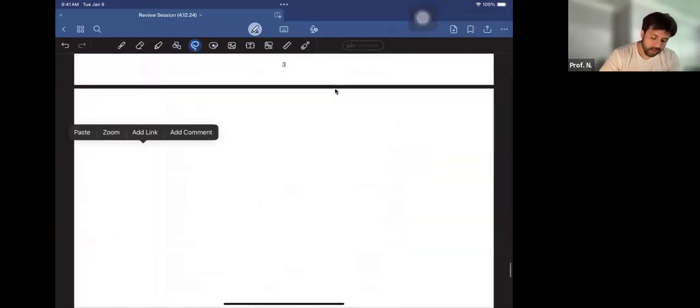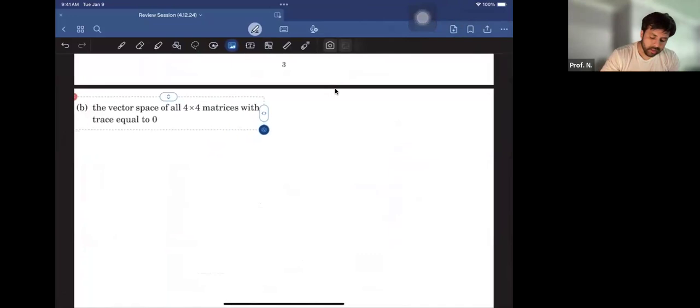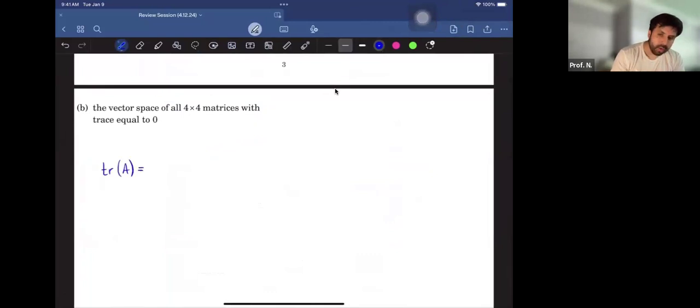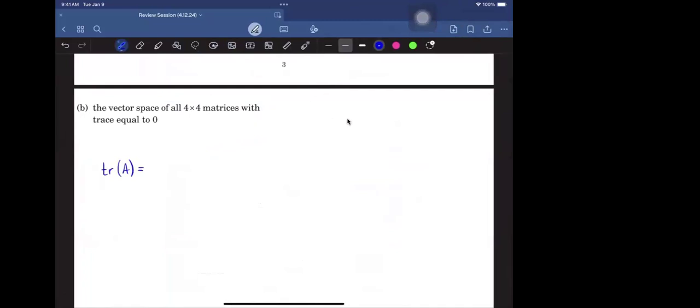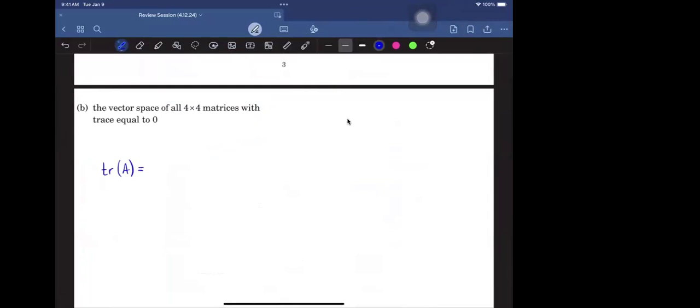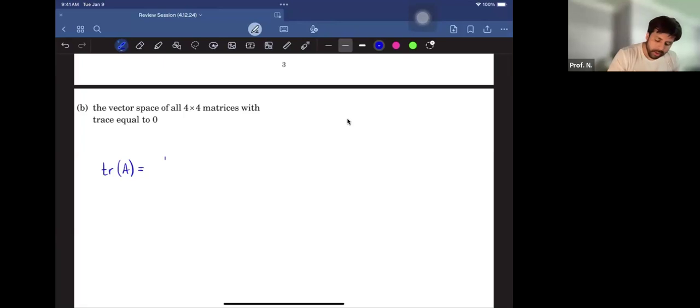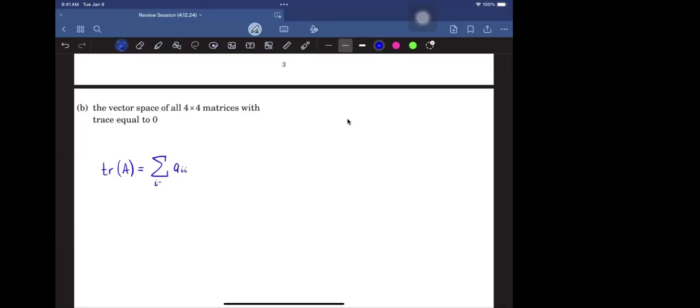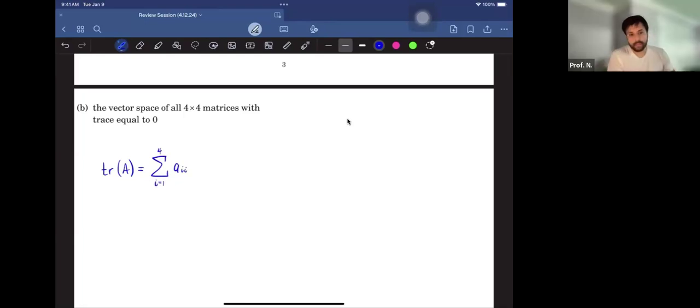So, trace. What is trace again? We denote trace with tr. What is trace? The sum of the diagonal. So we're summing, i goes from 1 to 4.